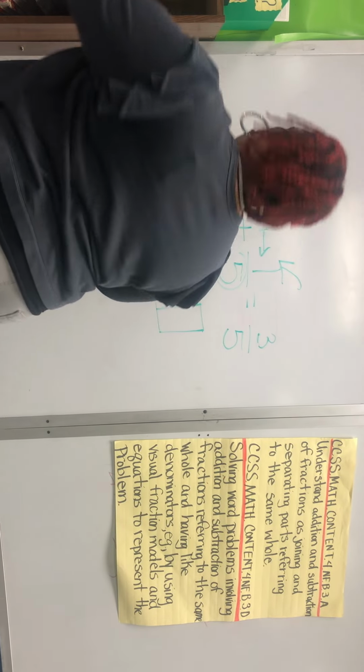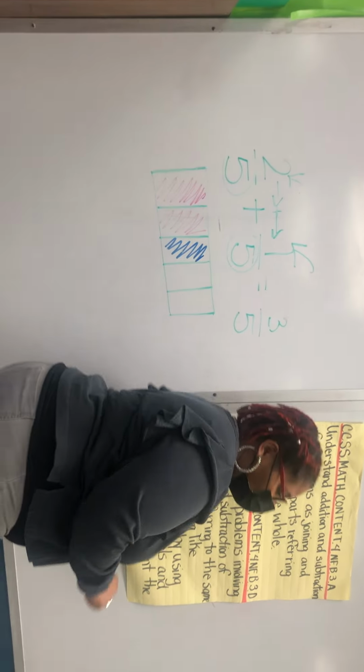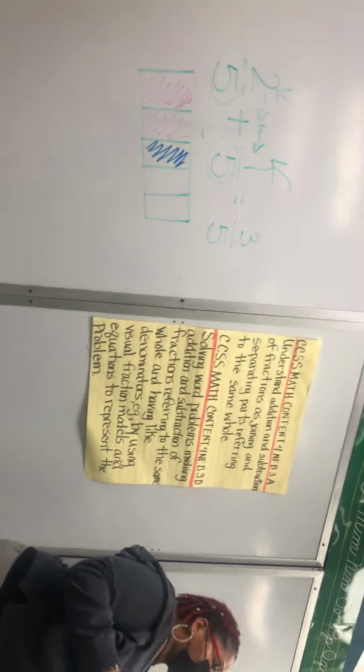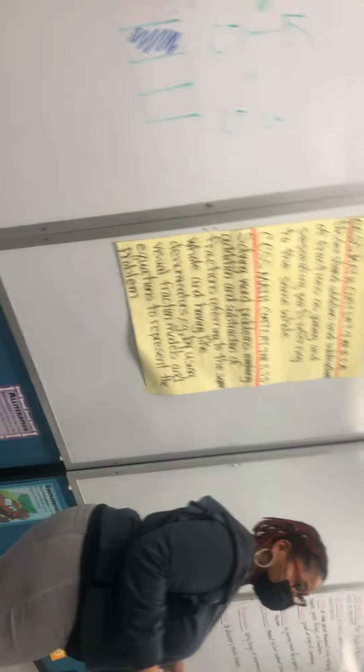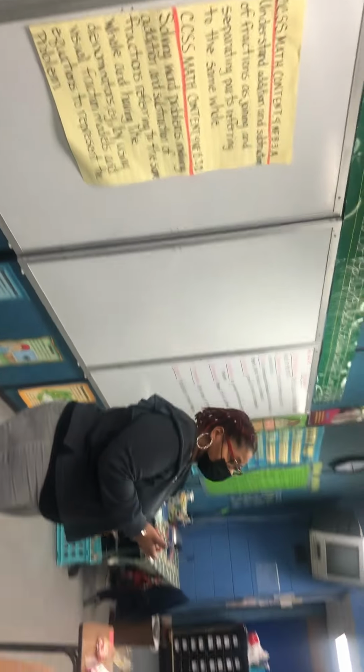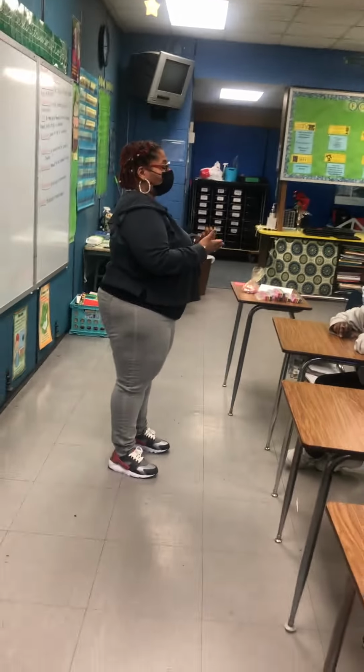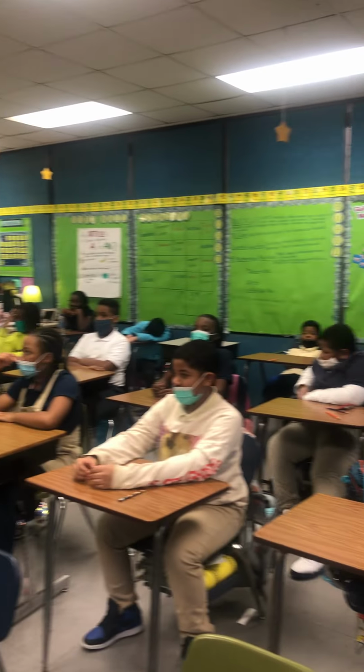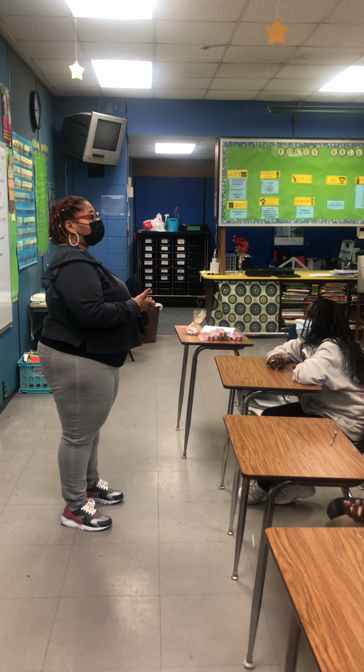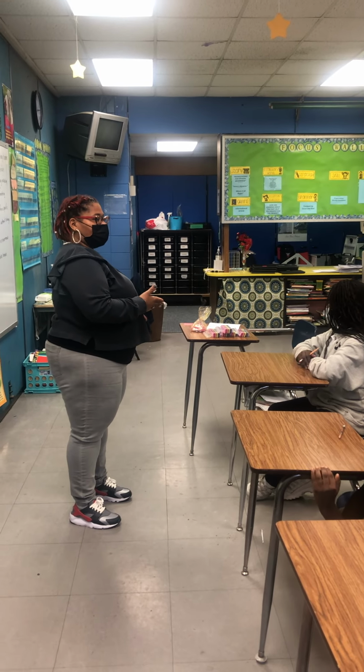Okay? Now, we're going to do an activity. And it's going to be a very fun activity, and we're going to use some Smarties candy. And when I pass the candies out, you are not to open them yet. You're not to eat them. We're doing an activity. Maybe when we get through, we can see what we can do, but it's for the activity. So please do not eat your candy.